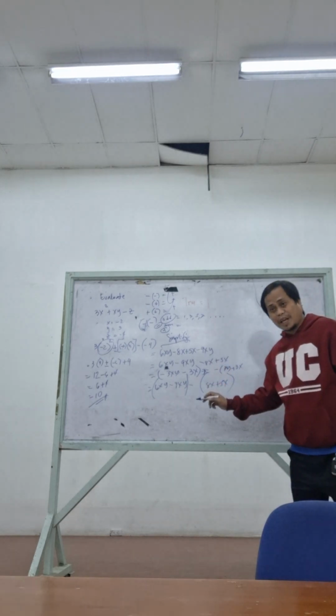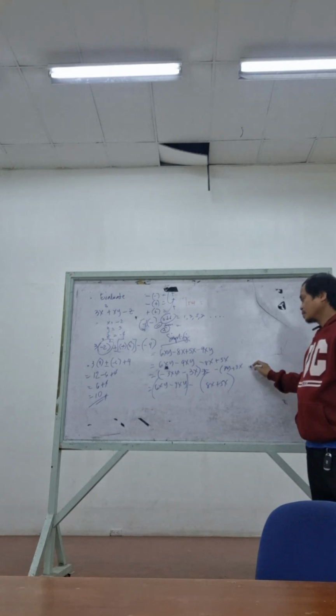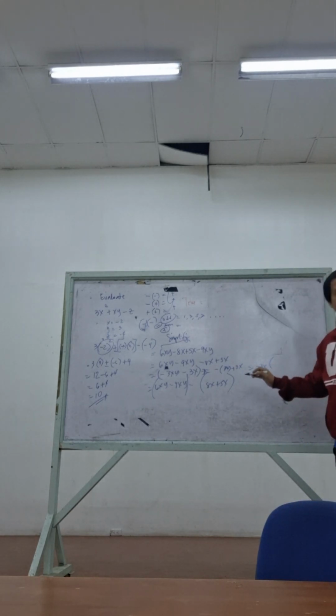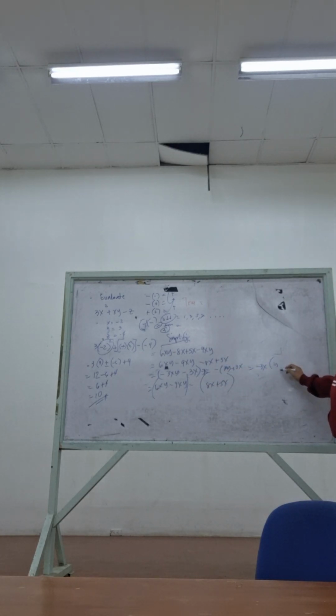Actually, negative 3x. We have here negative 3x, they're common. We're going to have, multiply it, so this will be now y, then plus 1.